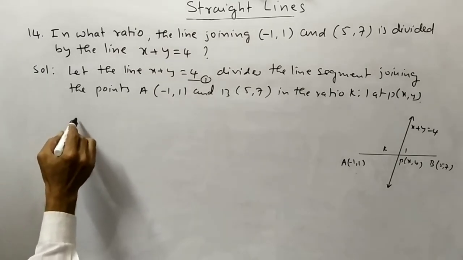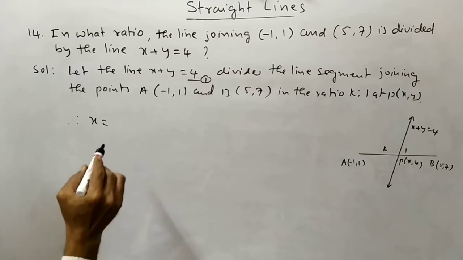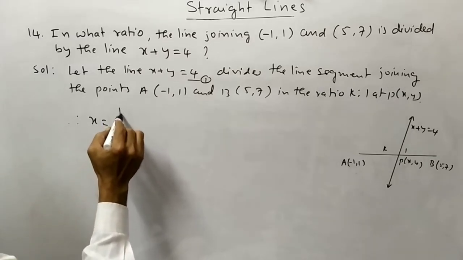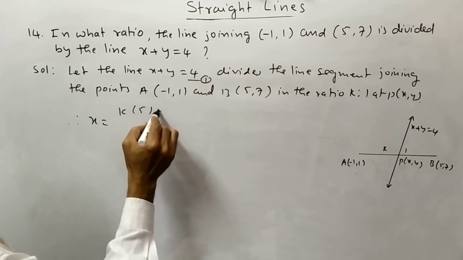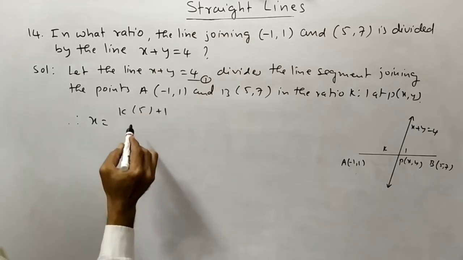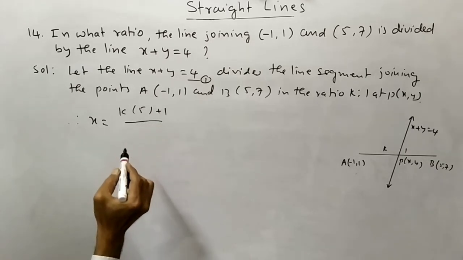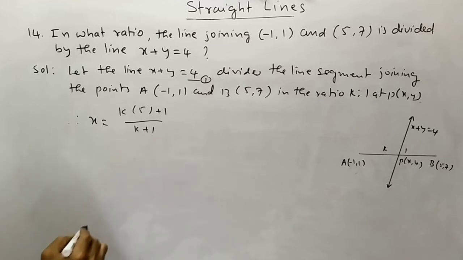Therefore, x is equal to (k into 5 plus 1) divided by (k plus 1).